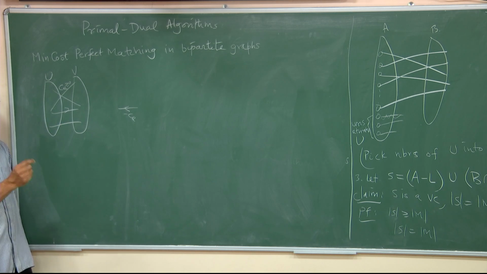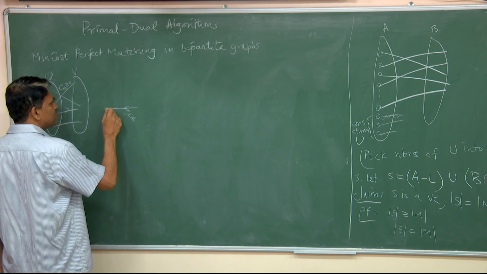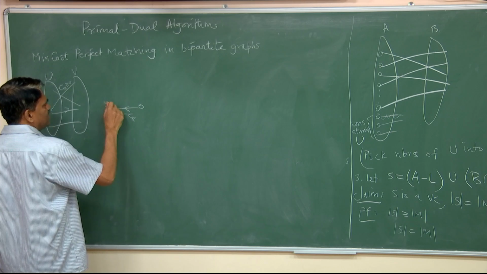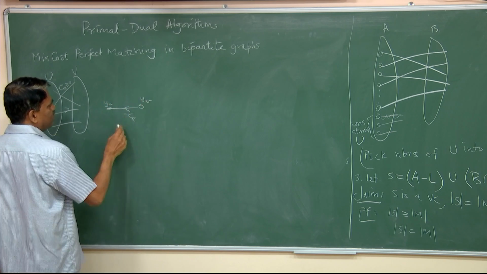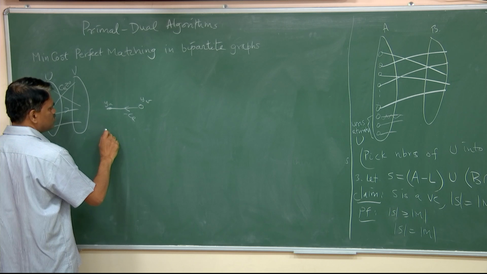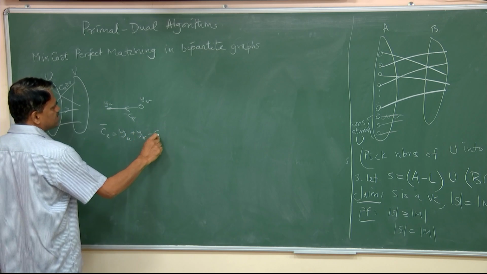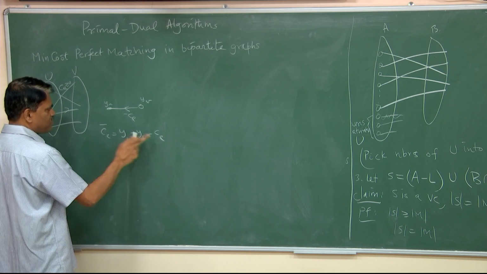So if you remember what we did, and I don't blame you if you don't remember, we created some artificial variables for vertices, and we changed this cost to a new cost, which is yu plus yv minus ce or something like that.